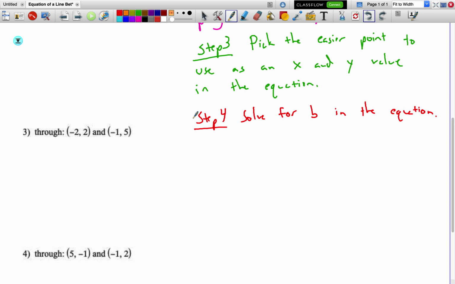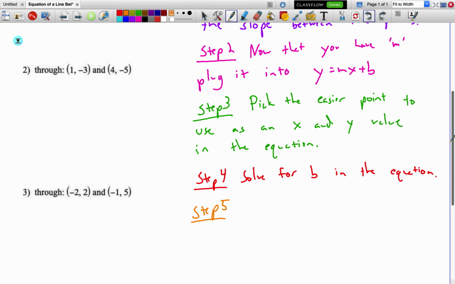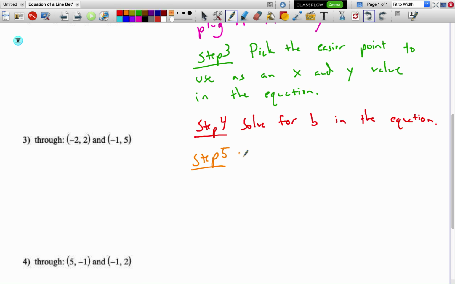All right, step 5. Now that you have b, plug it into y equals mx plus b.